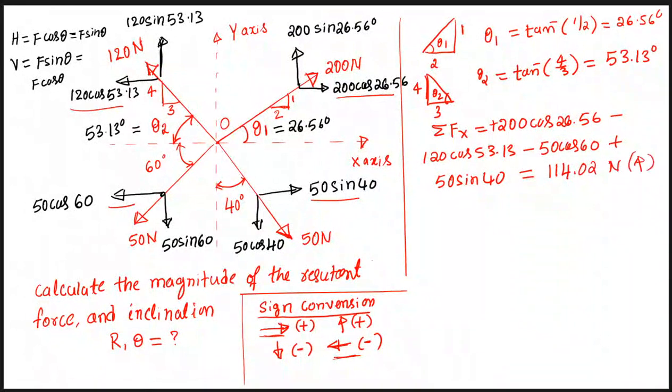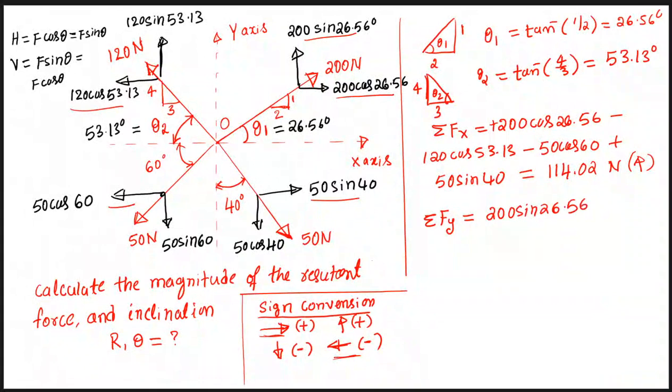Next, let us calculate sigma Fy value. Sigma Fy is the sum of all the forces acting along the vertical direction after resolving. Let us consider this force, which is acting in the vertical direction. 200 sin 26.56 is acting in the vertical upward direction.